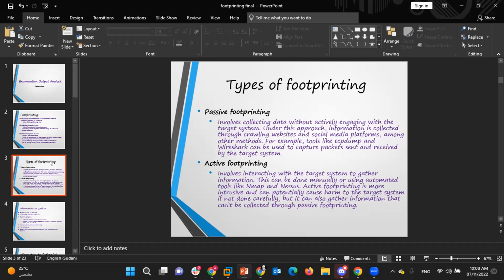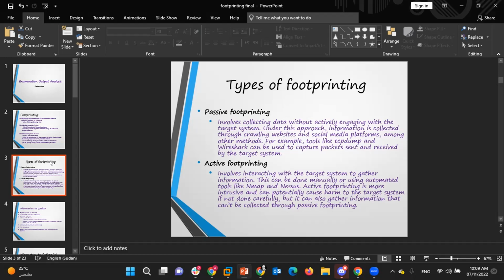Passive footprinting can be with network scanning, email scanning. These scans can be done through many ways. We can talk about it later.